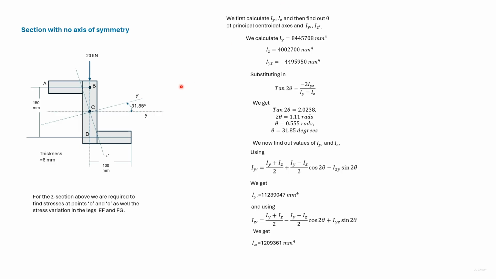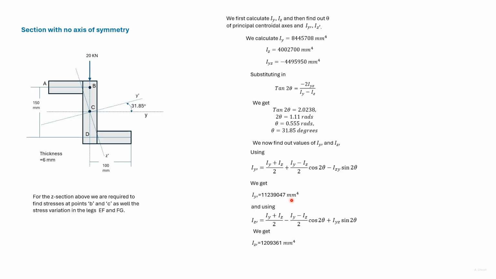We can now find out I y dash and I z dash. I y dash can be found using this formula, where we know I y, I z, and eta. Similarly, I z dash can be found using this formula.